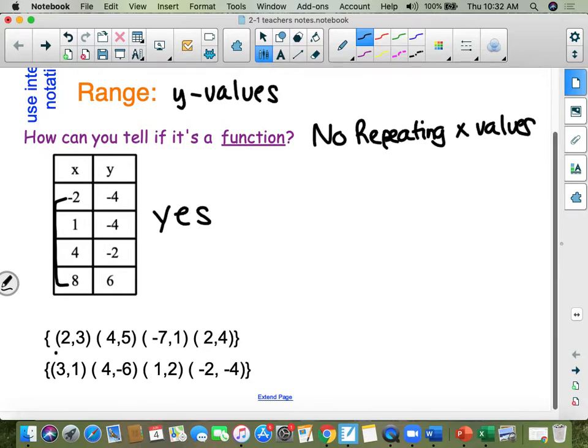If you look at the next group, I'm only looking at my x's. This is no, not a function because there's two 2's. And the last one, I'm looking at my x's. And yes, this is a function. You can have repeating y values. You just can't have repeating x values.